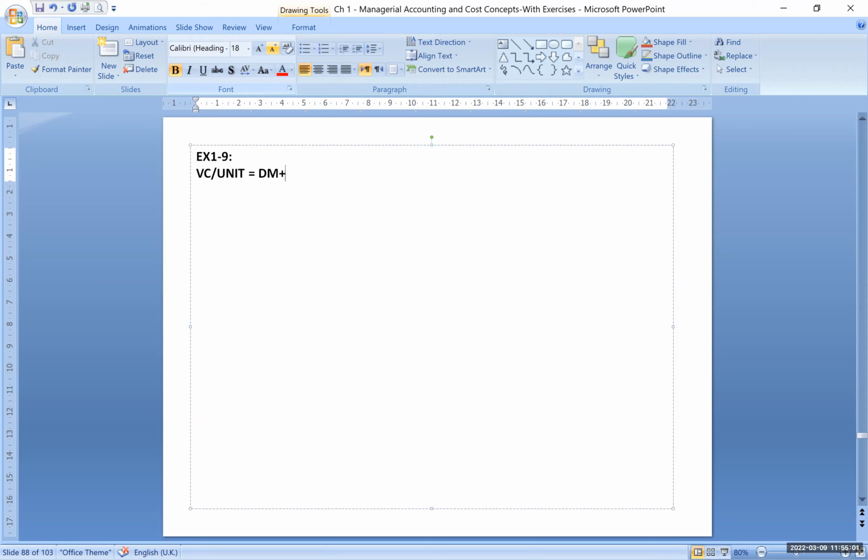Direct material, definitely yes. Direct labor, definitely yes. Variable manufacturing overhead, yes. And variable selling and variable administrative, if you like. If the question gives me the selling and administrative together, we can add it as it is. So the answer will be: direct material is $7, direct labor is $4, variable manufacturing overhead is $1.5.